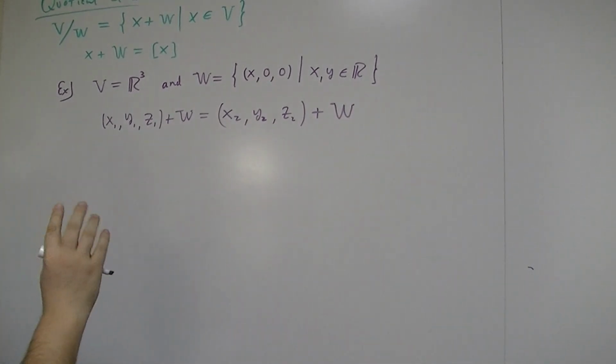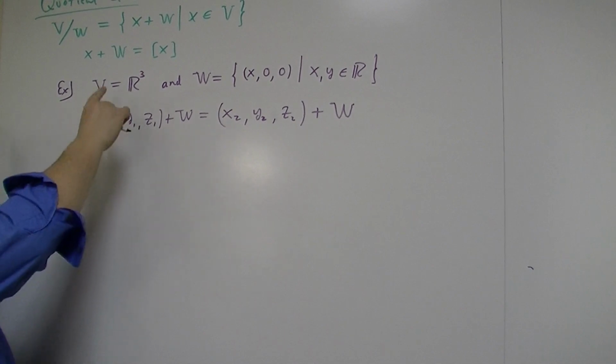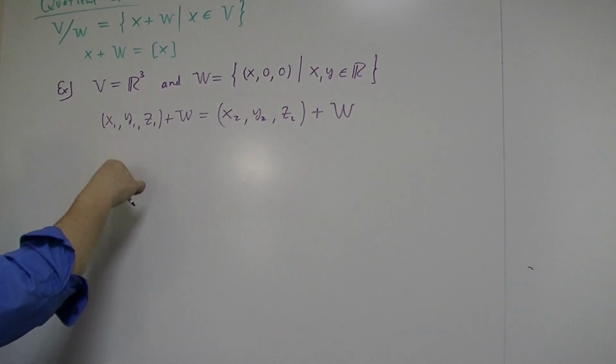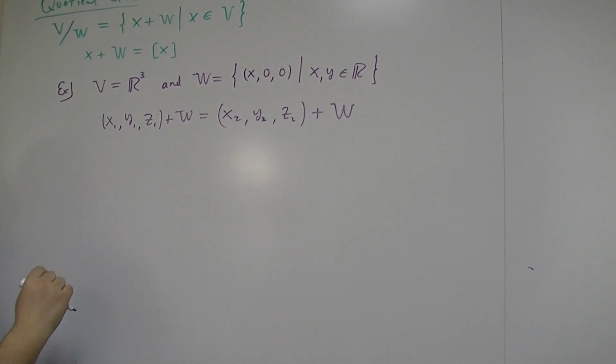In the previous example, if you really look at it, all I needed to know was the z-intercept, and that was a unique label for each one of the cosets. So I didn't really need a three-dimensional vector to label the cosets. I could just label it by its z-coordinate if I wanted to. So I'm trying to discover how to label the cosets here.